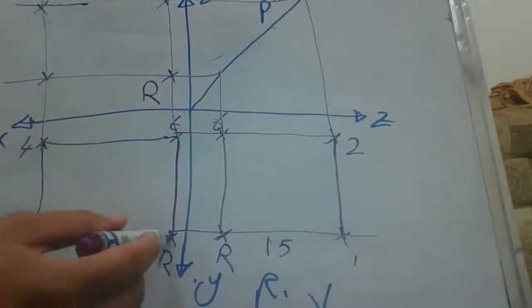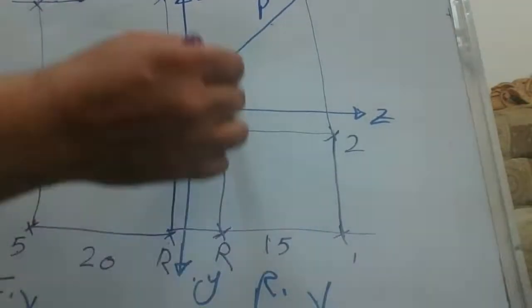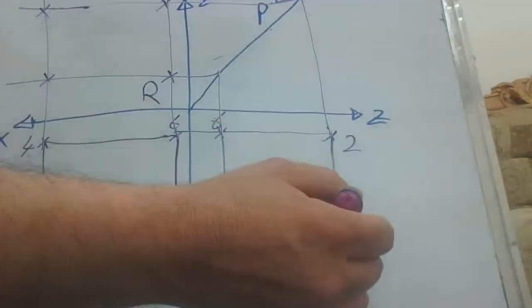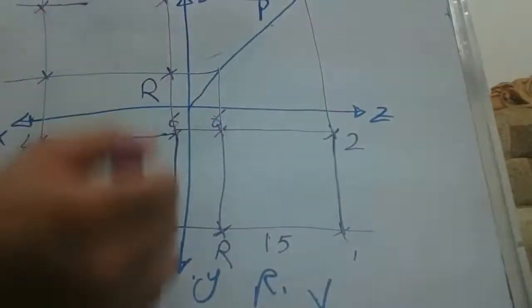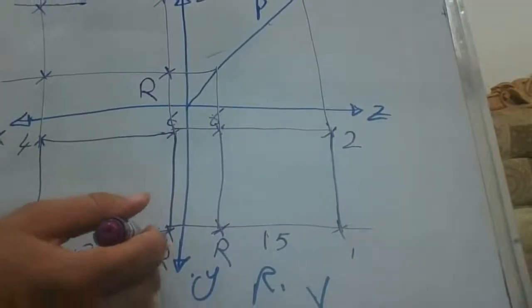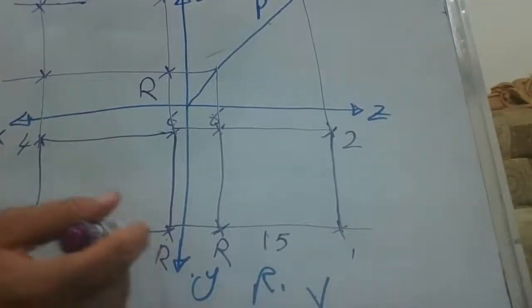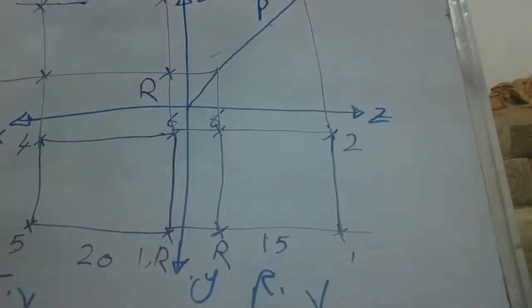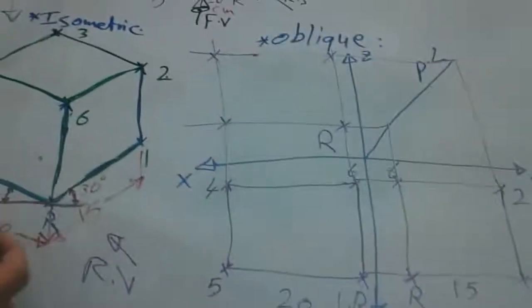Now R from the front view and the right side view, we can find R here. Now 1 from the right side view, we cannot find 1 here in the front. What is 1? 1 is lying with R, so we cannot see 1 from the front view.